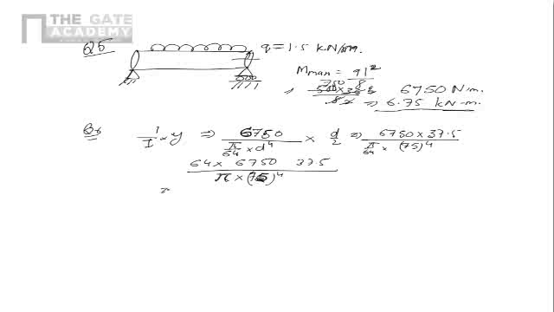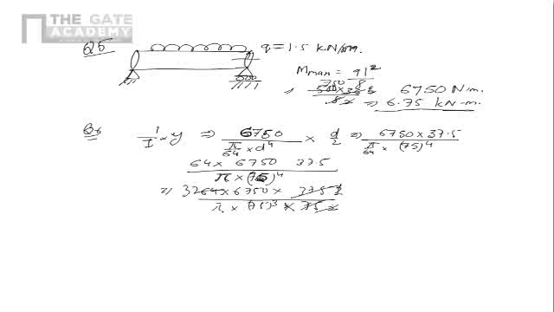Which is nothing but double of 37.5. So I can say 64 into 6750 into 37.5 divided by pi into 75 cube into 75. This 75 is coming out from the power 4. So this makes it 1 and 2. Now this 2 can cancel out 64 and make it 32.